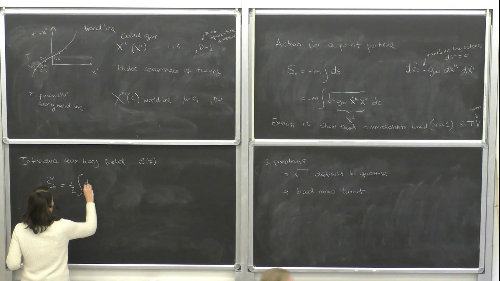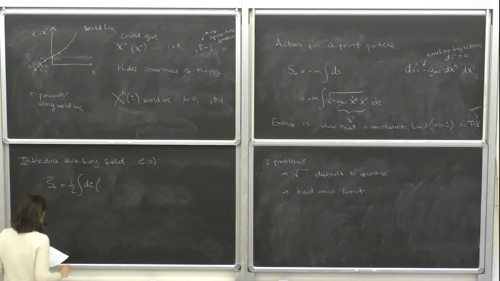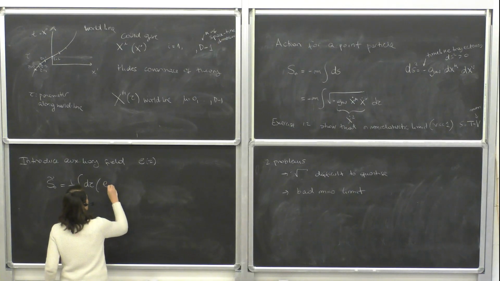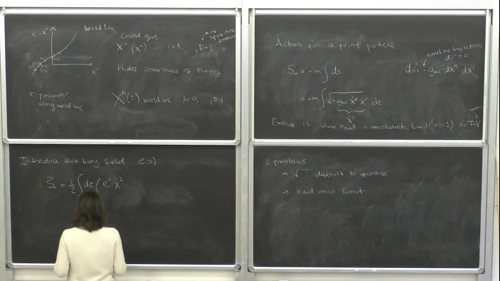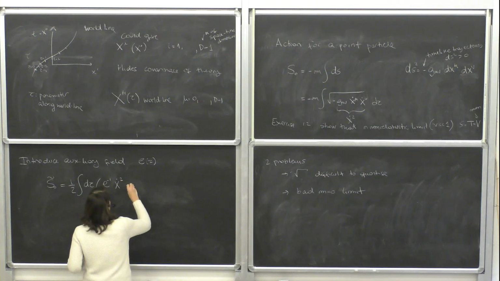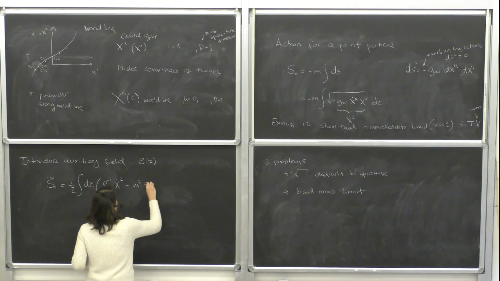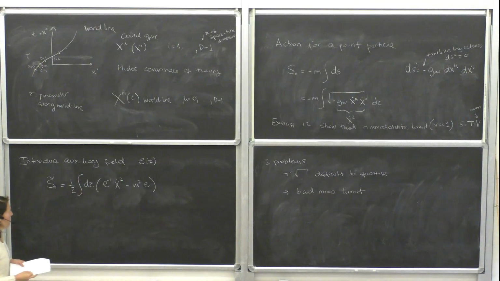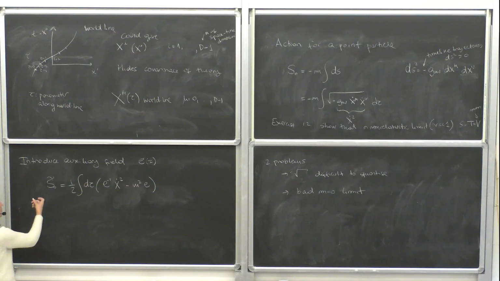E inverse x dot square minus m square E. So E doesn't enter with derivatives, and it's very easy to show that.